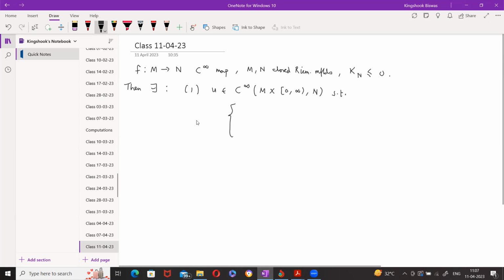With the initial condition equal to F, your given map, so del U del T is tau U, and U of x0 is Fx, correct?